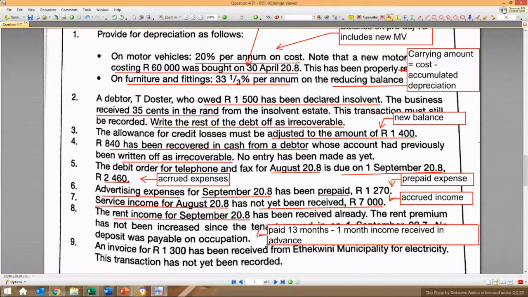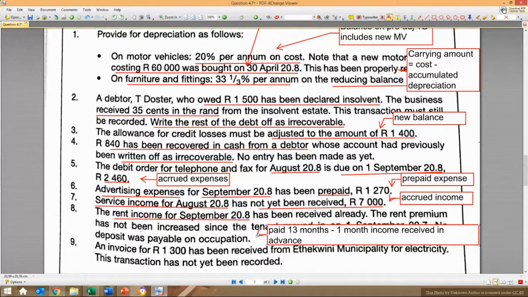So that means 1 month is received in advance. If you look at page 91, they tell you income received in advance is a liability. The reason it's a liability is that if my tenant decides, or let's say the building burns down at the end of August, the tenant isn't physically using the property in September, so I would have to pay them that money back. That's why we show it as a liability.